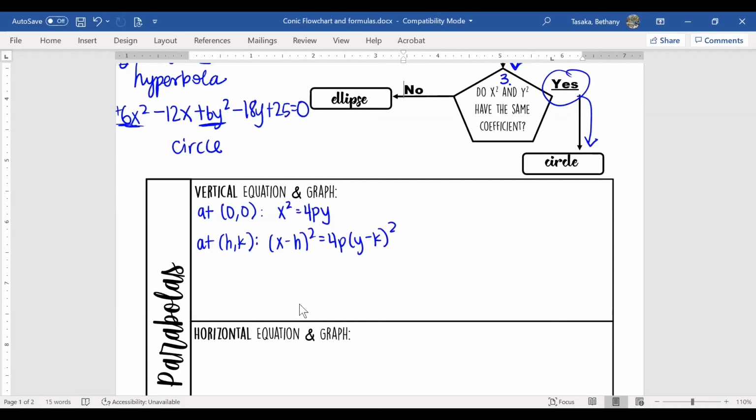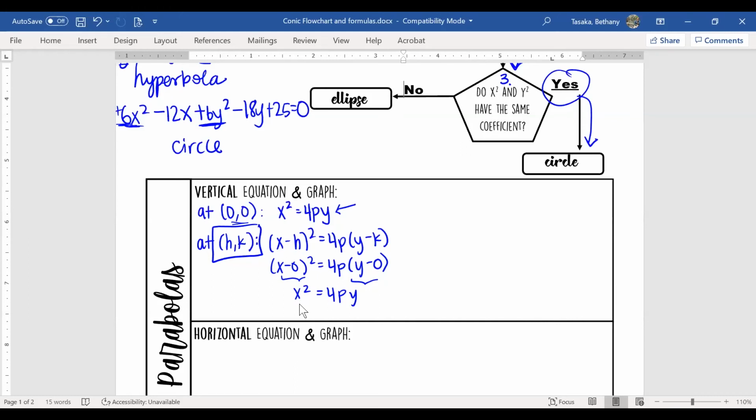If we plug 0 in so that we're at the origin, you'd have x minus 0 squared equals 4p times y minus 0. This y part should not be squared, it should just be regular. You get left with x squared equals 4p times y. So you could choose just to remember this equation and know that if you plug in 0, 0, it goes to this one.